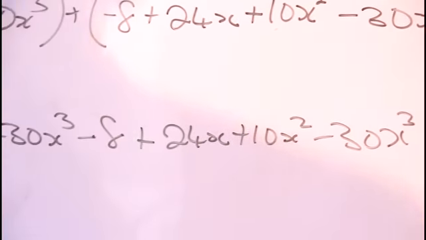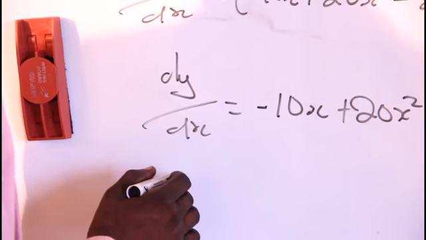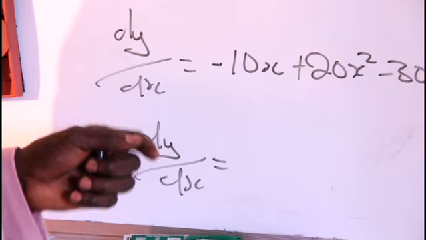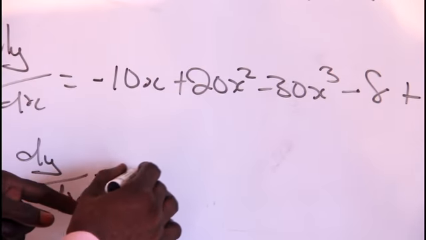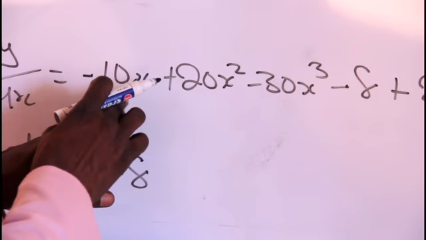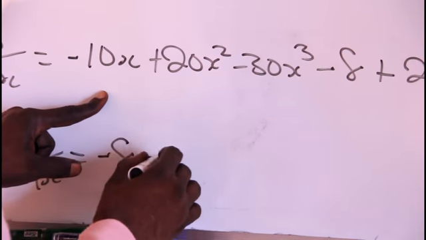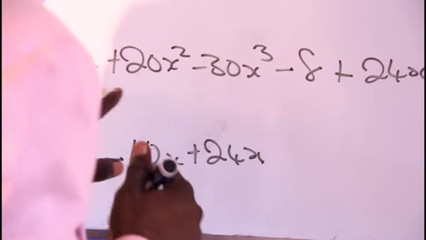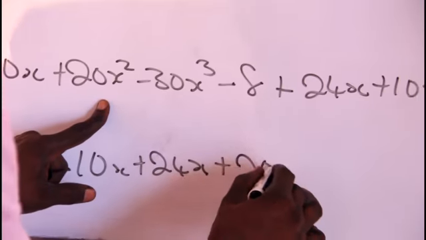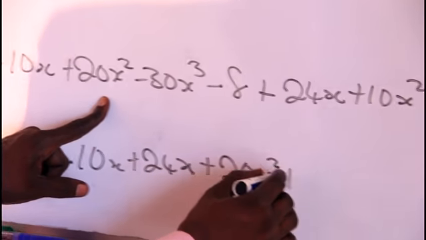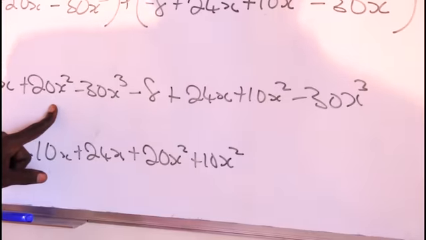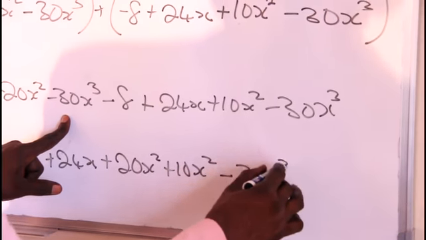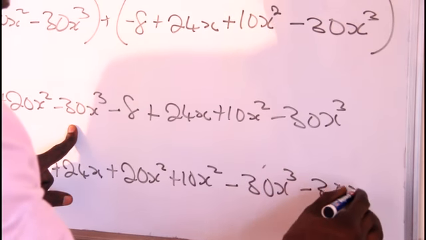Now check out this. You can arrange it based on like terms. That will now give us dy over dx will be equal to, so let me first of all take the constant term, minus 8, then followed by the term in x, minus 10x plus 24x, then followed by the term in x squared, plus 20x squared plus 10x squared, then followed by the term in x cubed, minus 30x cubed minus 30x cubed.